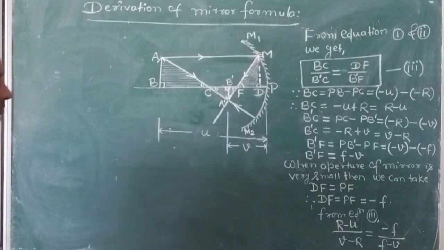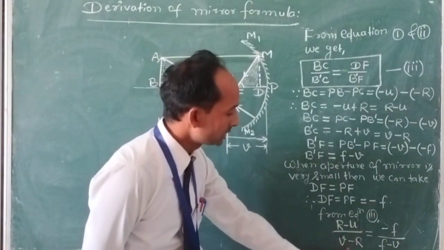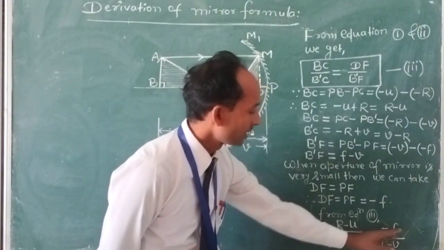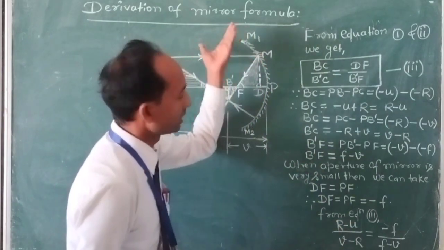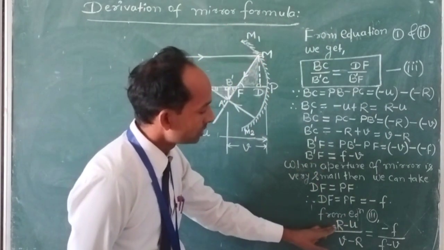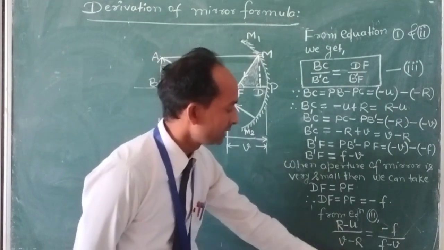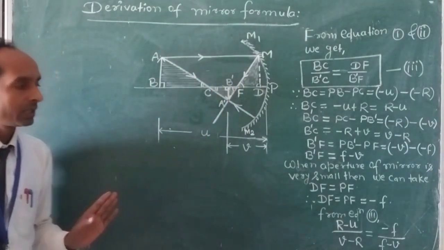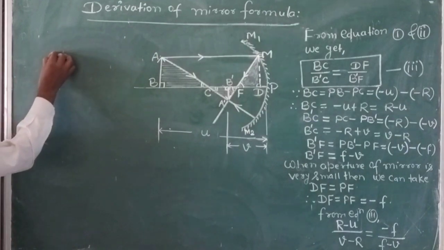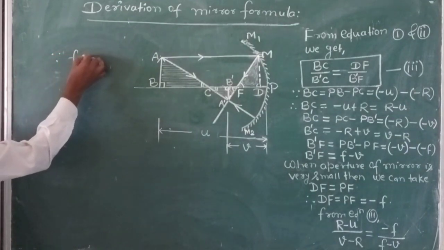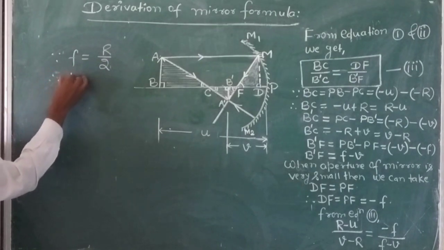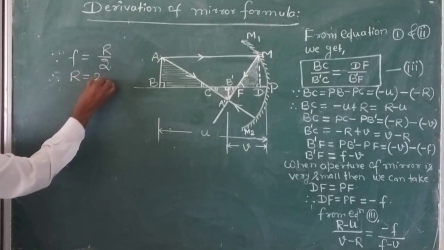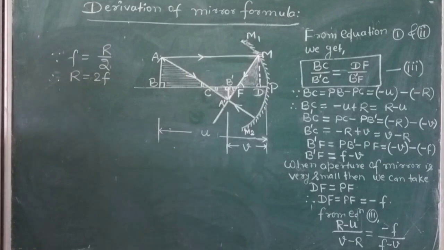Now this is u, this is v and this is f. The relation between u, v and f is called the mirror formula. So there is no need of R in this relation. Therefore, since f equals R by 2, R will be equal to 2f.